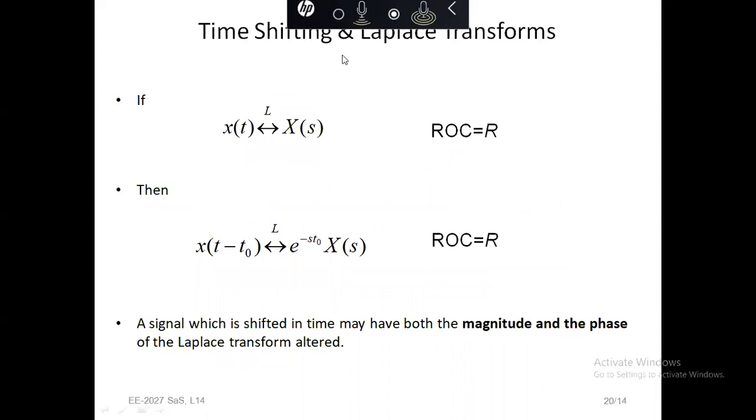So the next property is the time shifting property of the Laplace transform. So for example, we have a Laplace transform pair, x of t and x of s.